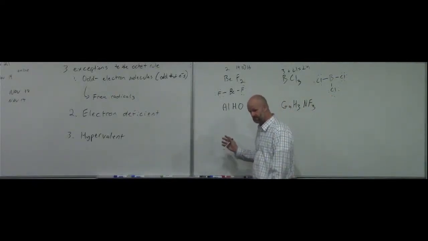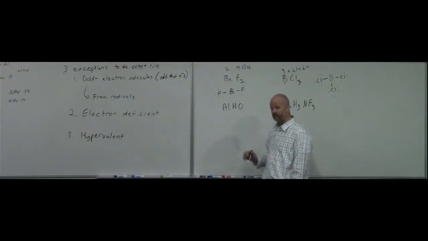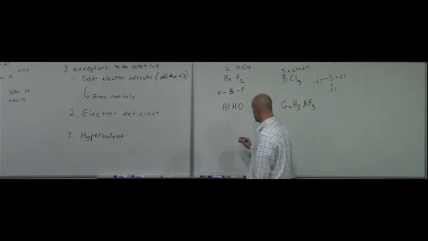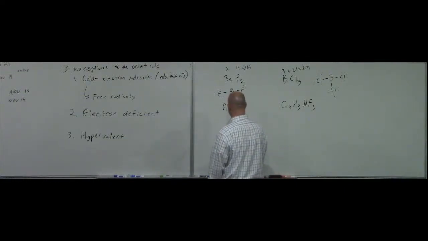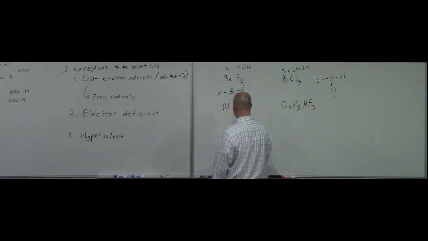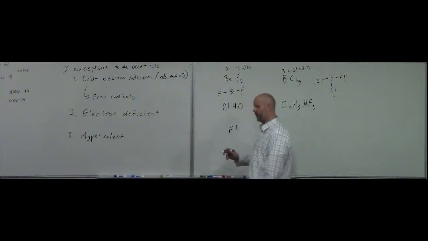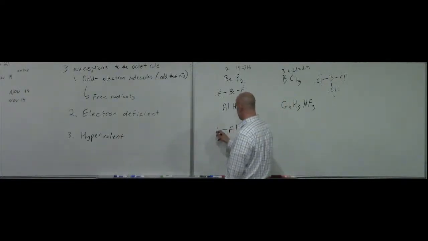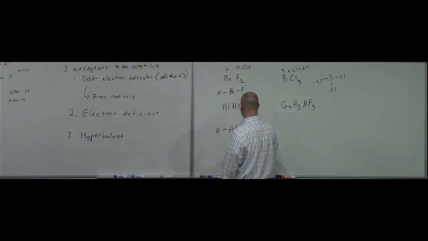AlHO. Okay? So my central atom is going to be probably aluminum, right? Because that's what I'm dealing with. Aluminum has how many valence electrons? 3. Okay. So what am I bonding with? Hydrogen and oxygen.